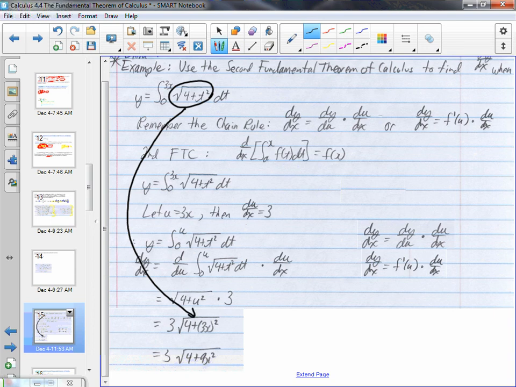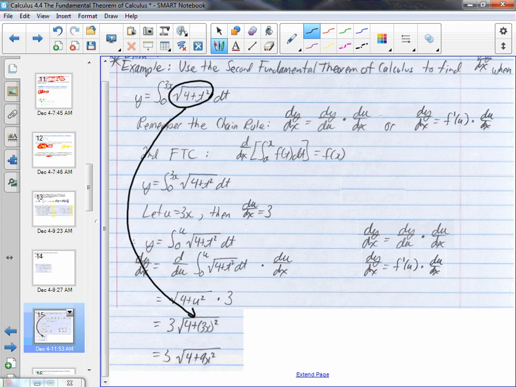You just put 3x in for t, don't you? Times the derivative of u. You see what happened? So you really do, I mean, it can be, and we're going to work these as 2 or 3 step problems. We're not going to write all this out every time. I want you to understand how it works.